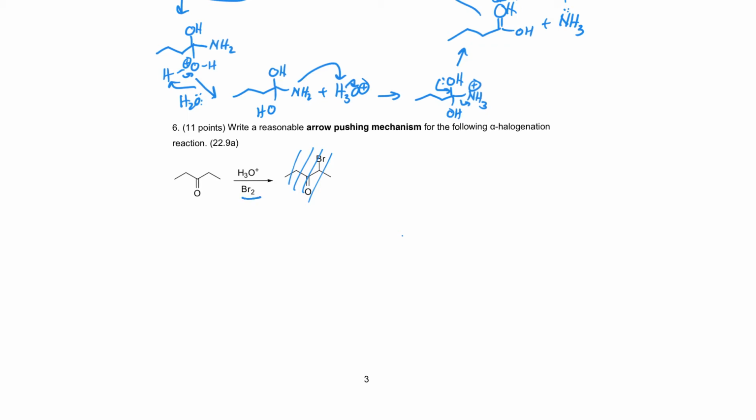So we have water, acid, and Br2. When we're in acid, the carbonyl can get protonated, of course. And we can set up an equilibrium, or an enol, I guess I should say, formation.